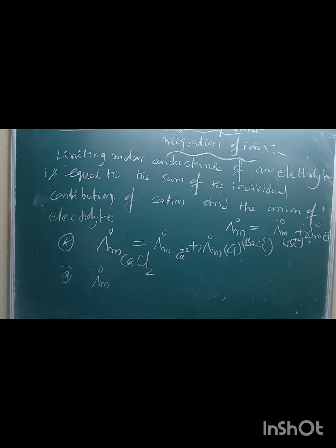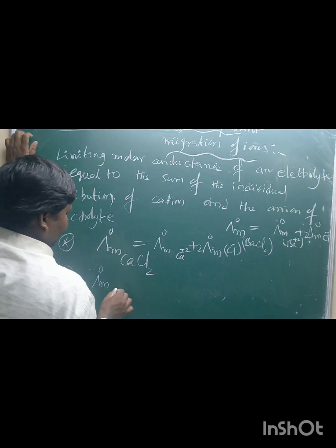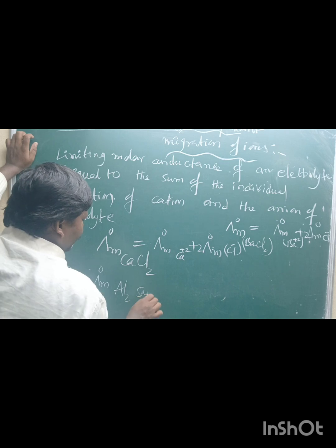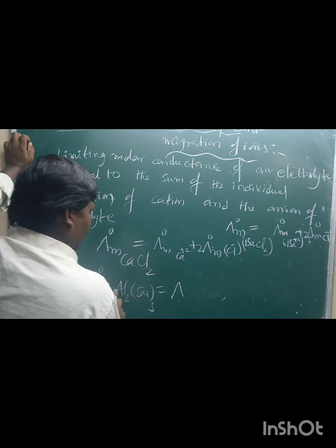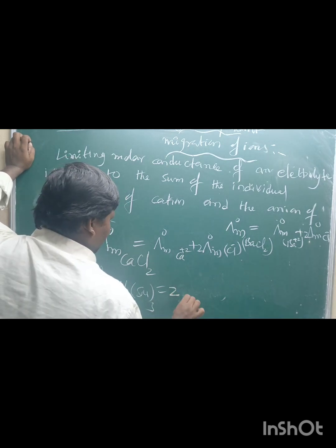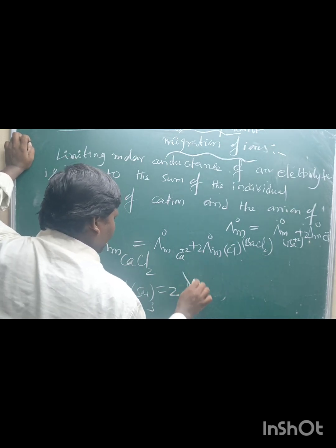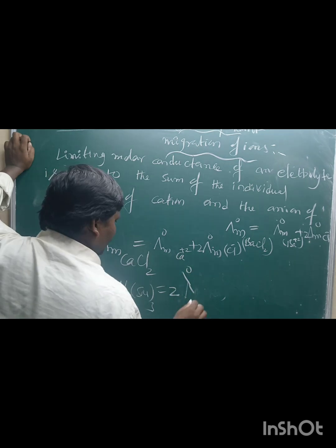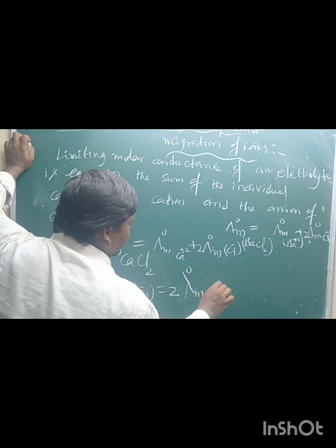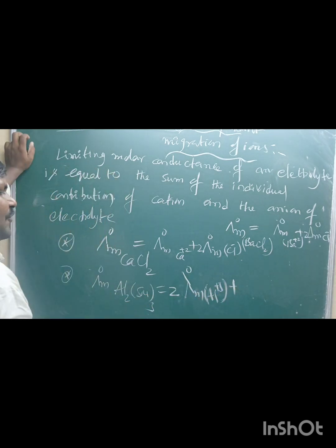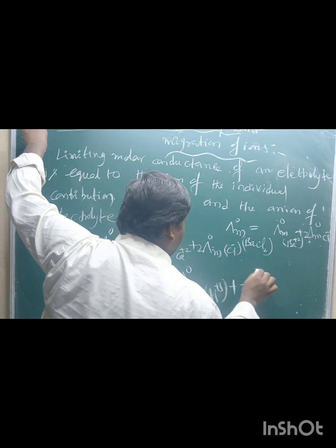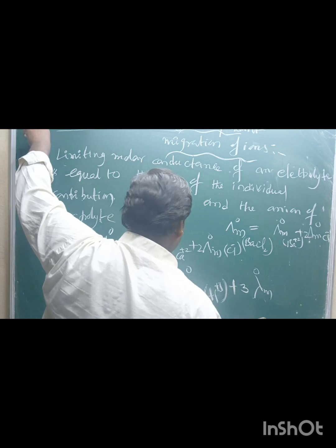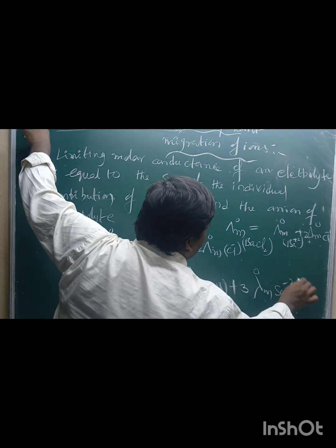For Al2(SO4)3, lambda m naught is equal to 2 times lambda m naught Al plus 3, since there are 2 aluminiums, plus 3 times lambda m naught SO4 minus 2, since there are 3 sulfates.